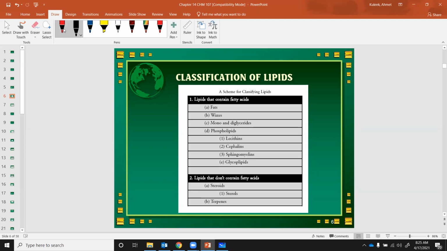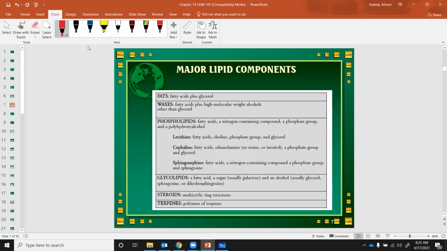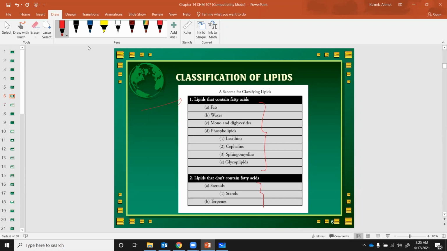We don't know what a fatty acid is now, but we're going to learn. If you look at all these lipids, they're going to have fatty acids. And then we're going to have lipids that don't have any fatty acid. These are the two of them. So I'm going to go with this same description here.